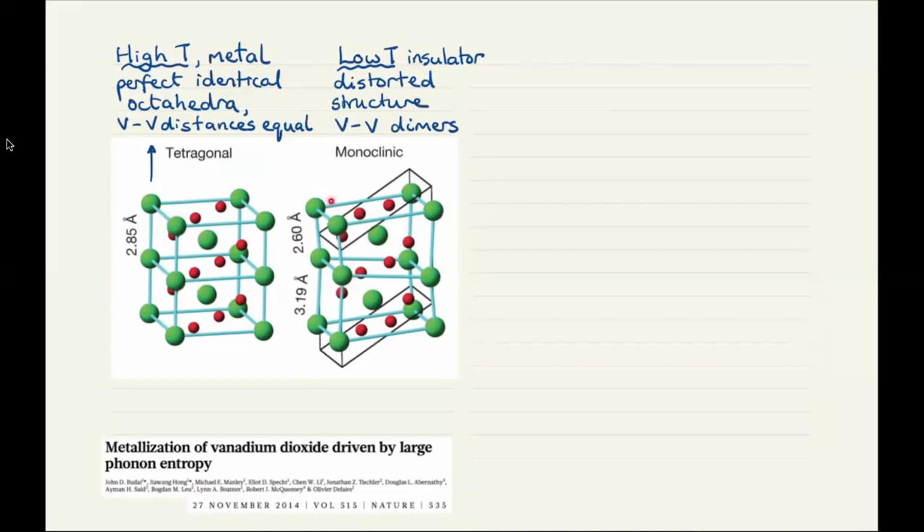So this vanadium-vanadium distance is really very much shorter than this vanadium-vanadium distance. And again, this structural phase transition between this tetragonal and this monoclinic phase accompanies the insulator to metal transition.